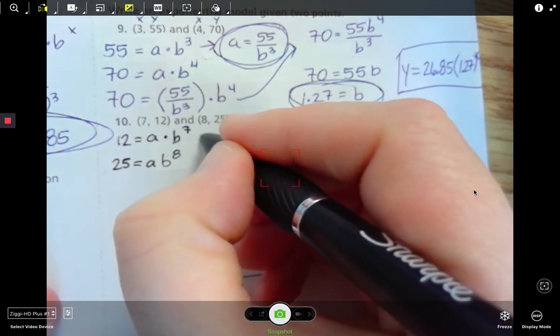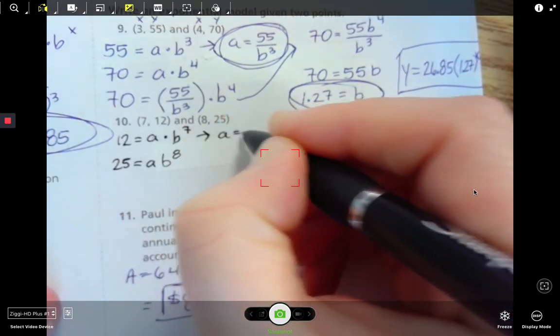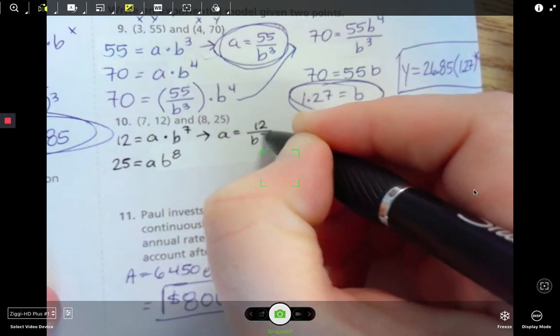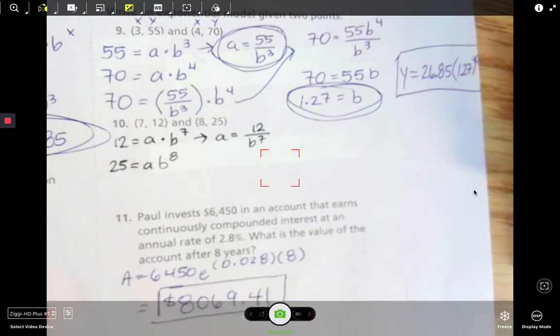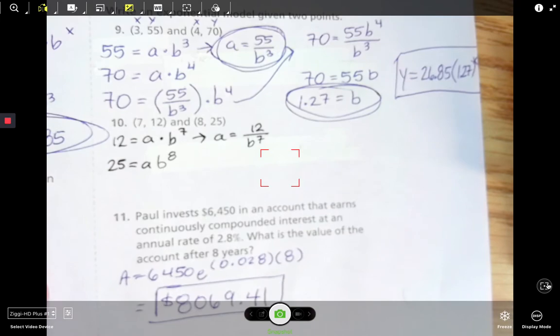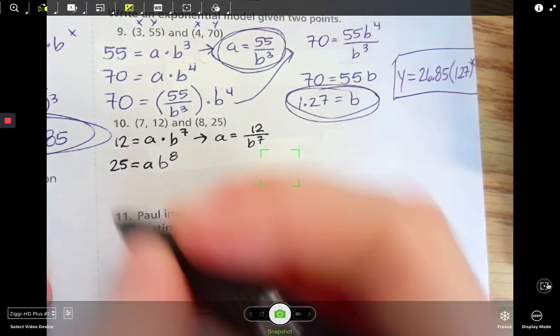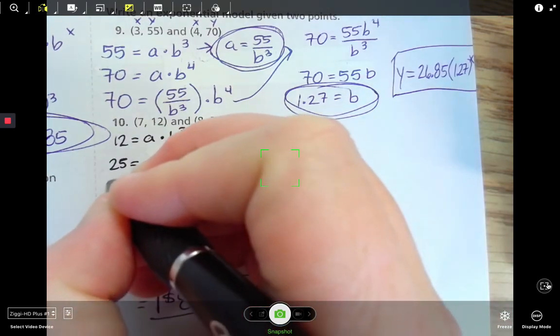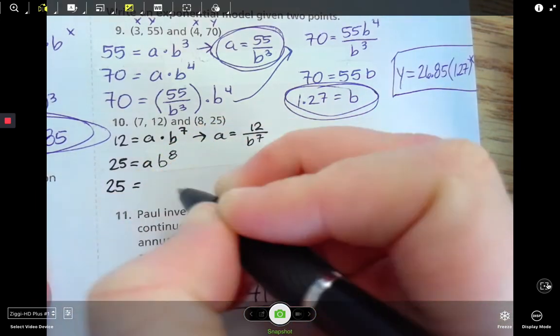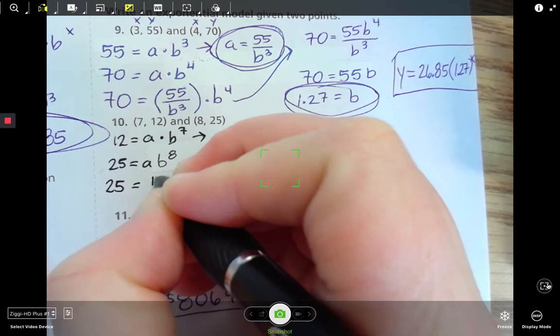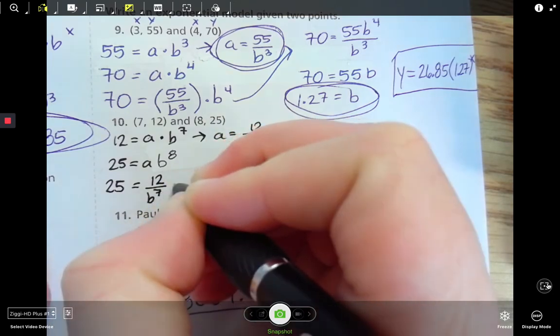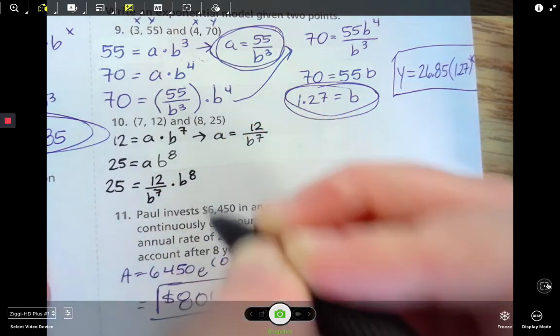Again, we solve for a. A equals 12 divided by b to the 7th. So 25 equals 12 over b to the 7th times b to the 8th.